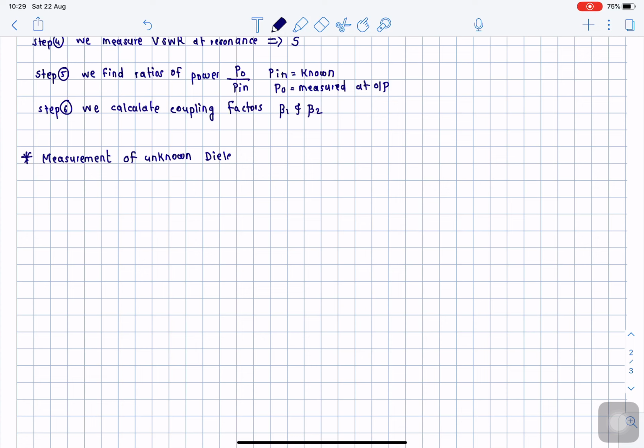Okay, now the similar type of setup we are going to make use of over here. So first of all I will draw the setup of measurement of unknown dielectric constant. The setup is similar to what we have seen in the case of quality factor measurement.